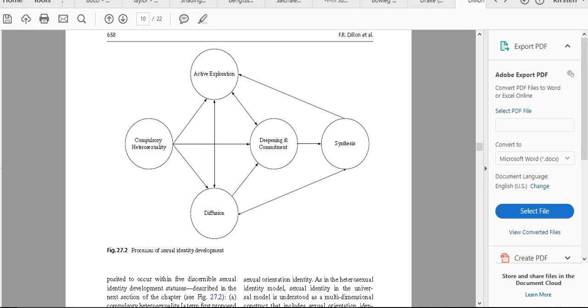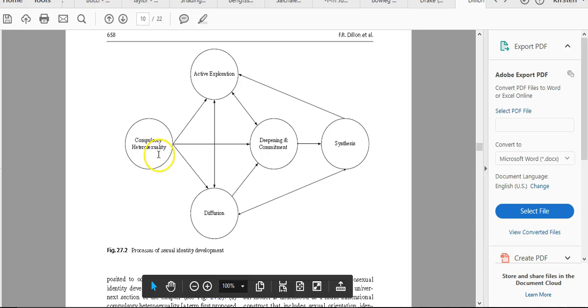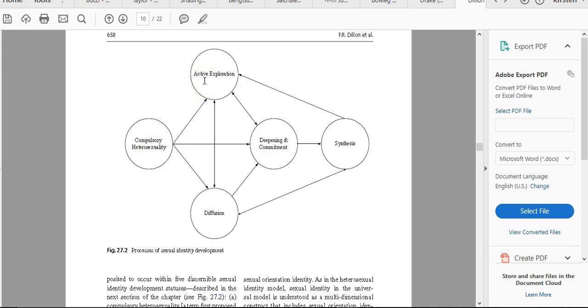The deepening and commitment phase: you could go straight from compulsory heterosexuality to deepening and commitment. Generally, the model is positing that people would go to active exploration, deepening and commitment, and then synthesis. I don't think it's in the textbook, but if you look at the original chapter, the authors question towards the end whether someone can get to full synthesis if they have not gone through the active exploration and the deepening process.